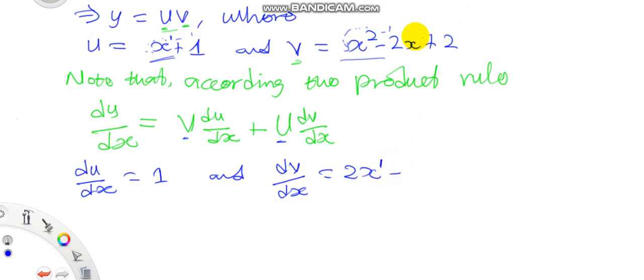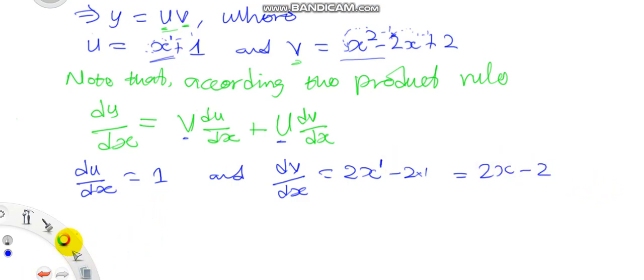For the next term, if there is nothing on top of a term, we assume there is always 1. 1 times 2 is just 2, and x raised to the power 0 is 1, so 2 times 1 is 2. So dv dx is just 2x minus 2.